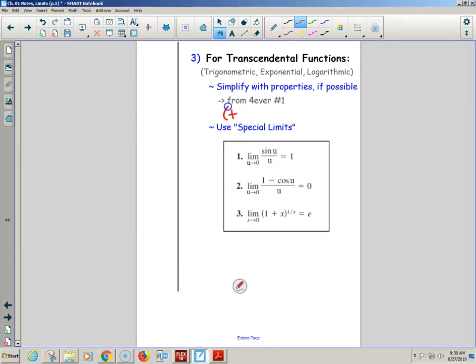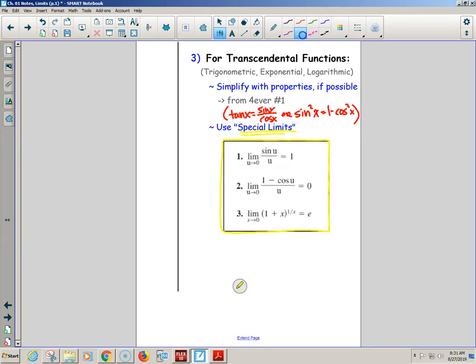We are going to need to think about the trigonometric identities. We'll simplify if possible. But if not possible, we need to realize that there are these special limits for trig and involving exponentials with this weird 1 over x that we're just going to memorize.